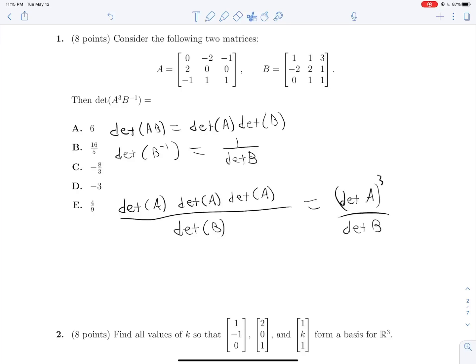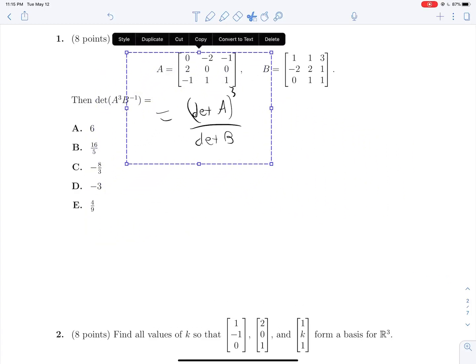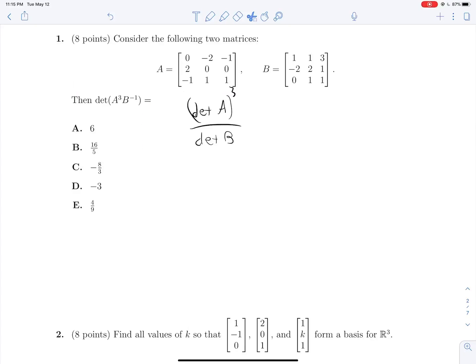Okay, so now that we've got that out of the way, I'll just leave that there, and we can go solve for the determinant of A and B to plug those in later. They're being a little bit kind to us in A because we have a row with only one element in it. We have this 2 all by itself.